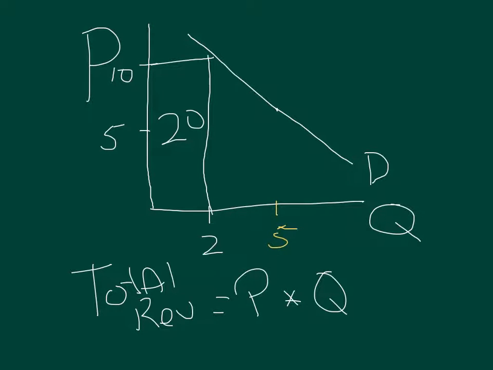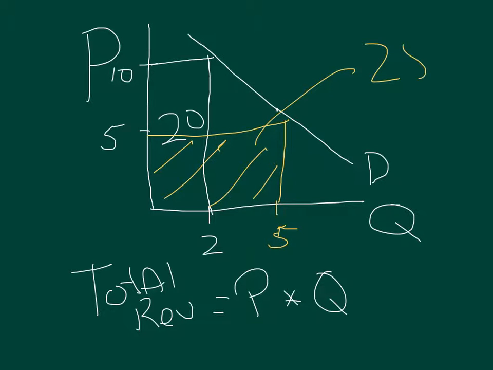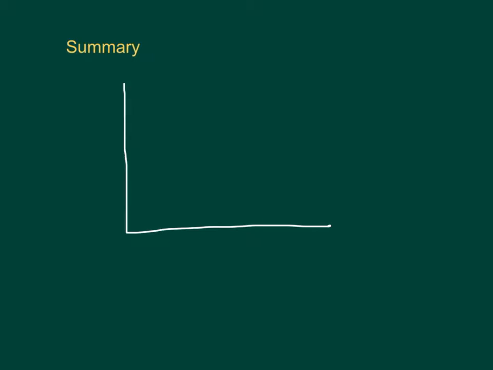So at price 5, we sell quantity 5. So 5 times 5, total revenue in this area is 25. So everything being equal, a company would rather sell at 5 rather than 10 because their revenue would be 25 rather than 20.